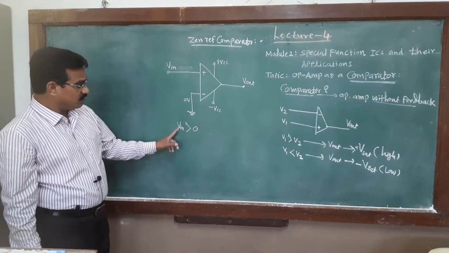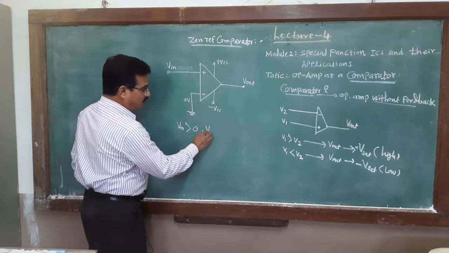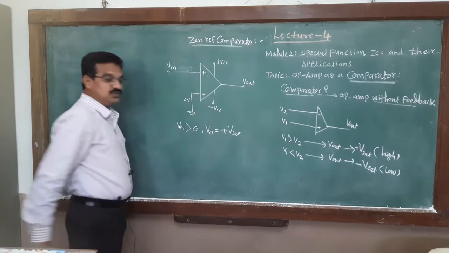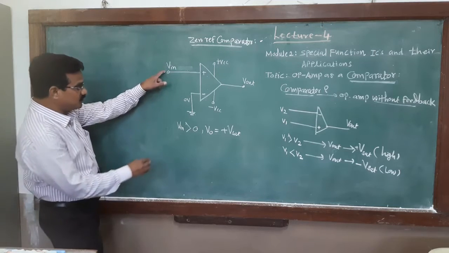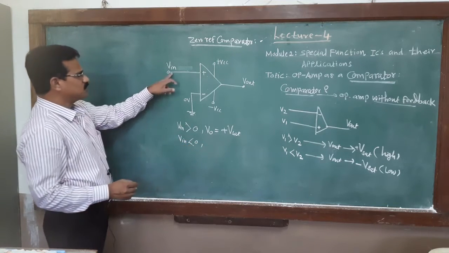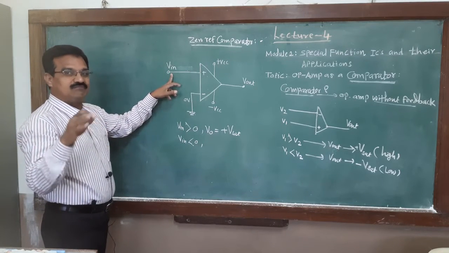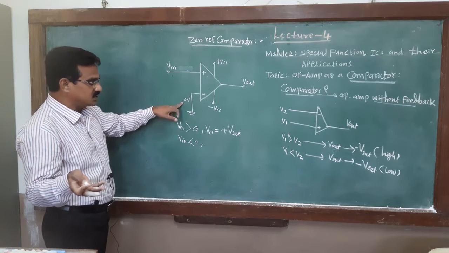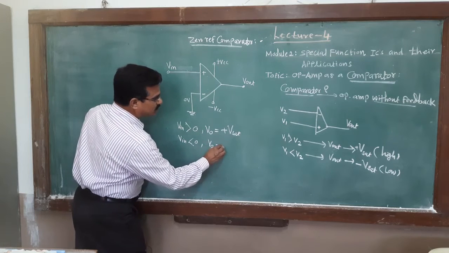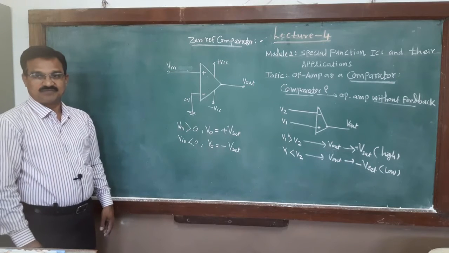So when the input voltage is greater than 0, the output voltage is equal to positive saturation. But when this input voltage is less than 0, suppose this value is negative, minus 1 volt, minus 2 volt, minus 3 volt, minus 0.1, meaning the value is less than 0, at that time the output voltage is equal to negative saturation.